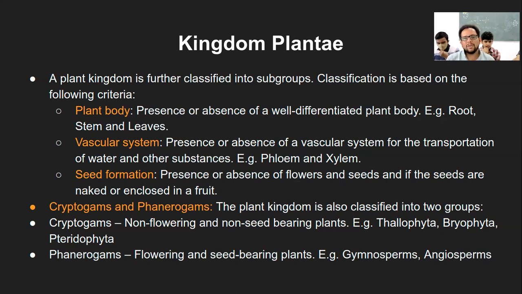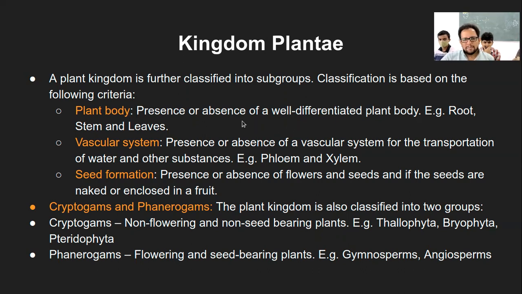That is the presence or absence of a well differentiated plant body. Like that's when I said Thallophyta, right? That doesn't have distinct structures, because it's like algae, if you would have seen, or moss, which doesn't have a stem and leaf and root and so on. So they don't have a well differentiated plant body.